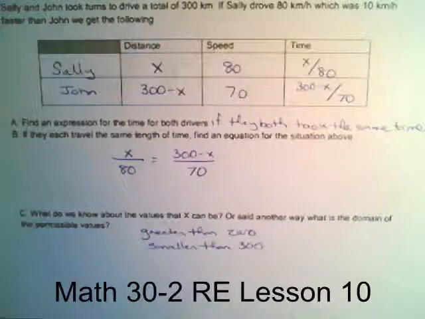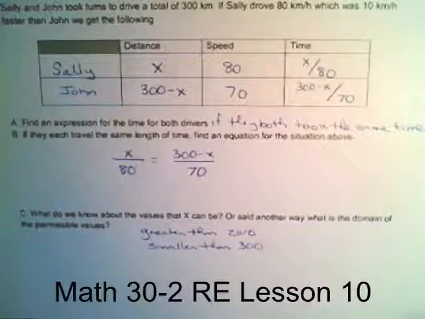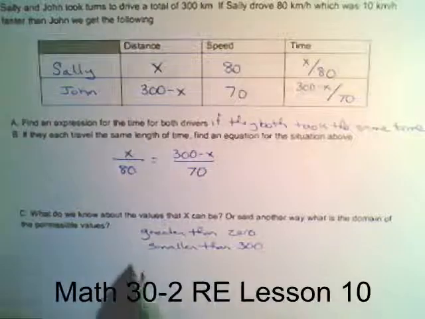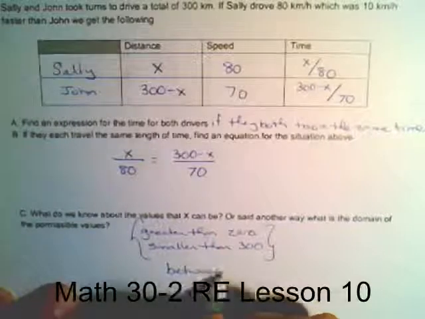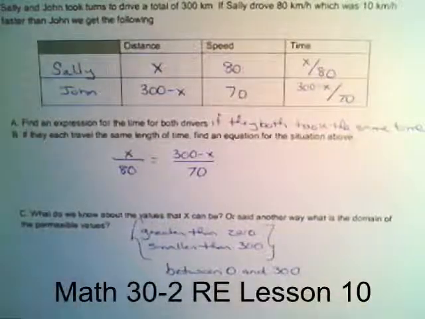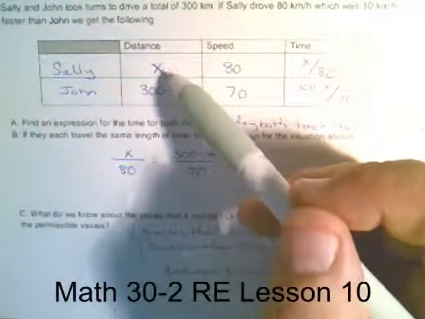It has to be smaller than 300, because if they drove 300 kilometers in total, the amount that Sally drove, if they both drove for the same length of time, has to be less than 300. I don't want to say it's 150, although it's probably 150, but I can honestly say it's greater than 0 and less than 300, or I could say between 0 and 300.